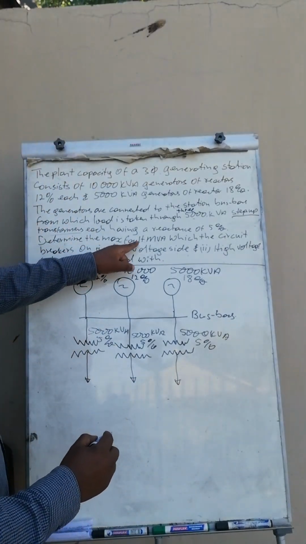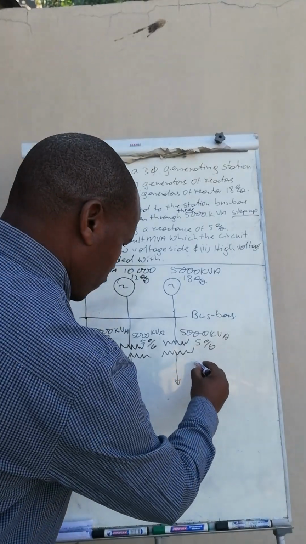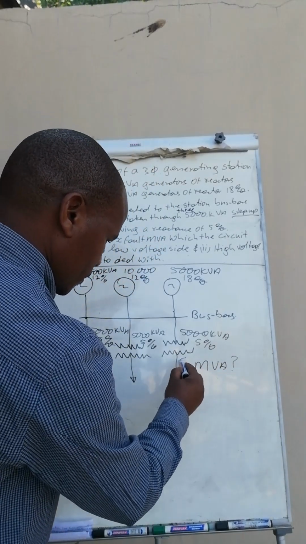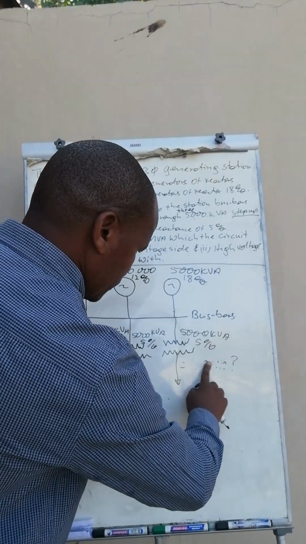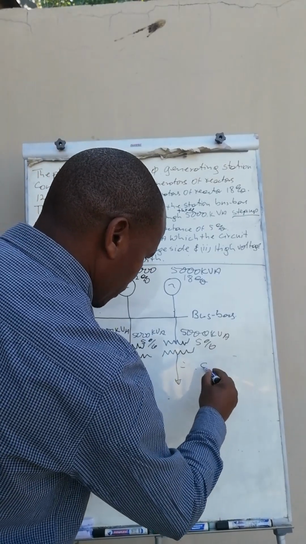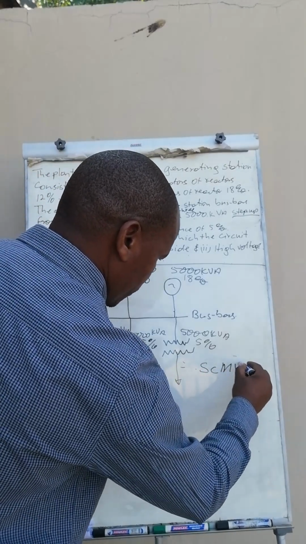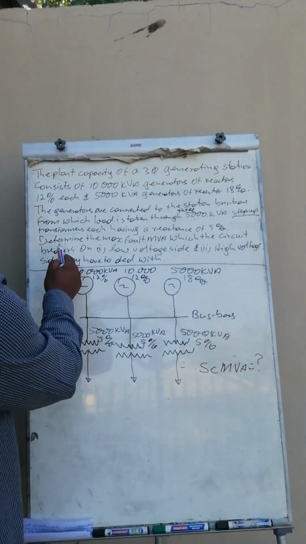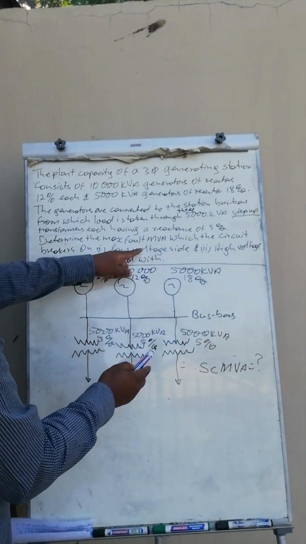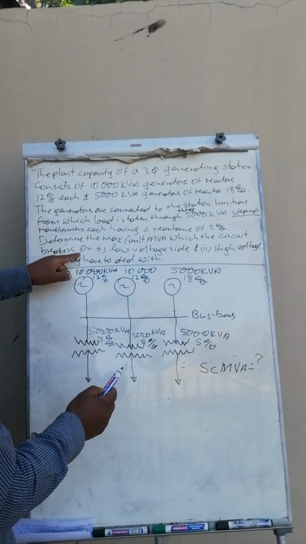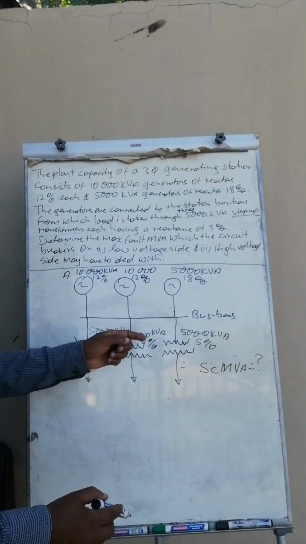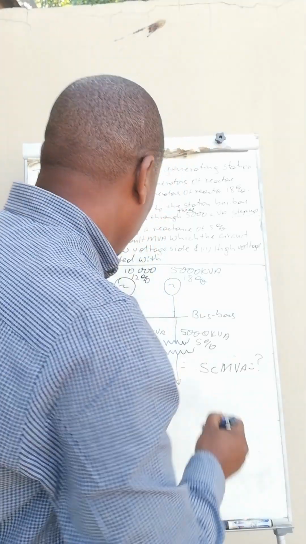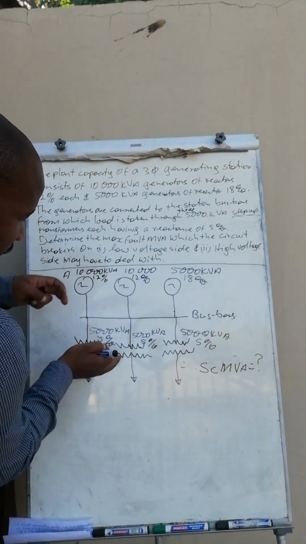Determine the maximum fault MVA. Let me write it properly. Short circuit MVA is equal to question mark. Determine the maximum fault MVA which the circuit breakers on the low voltage side. Remember, this transformer is a step up transformer, meaning this side is the low voltage side.